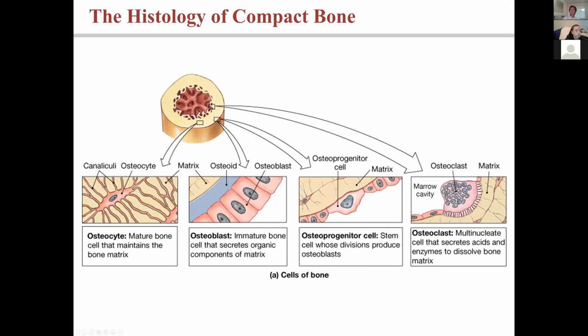Bone resorption is going to occur whenever there is a need, whenever our blood calcium levels are low and we need calcium. Calcium is an important component within your muscles for the propagation of contractile signals.